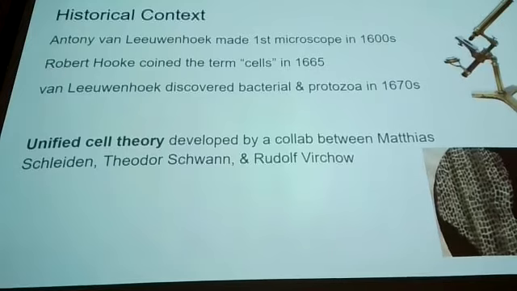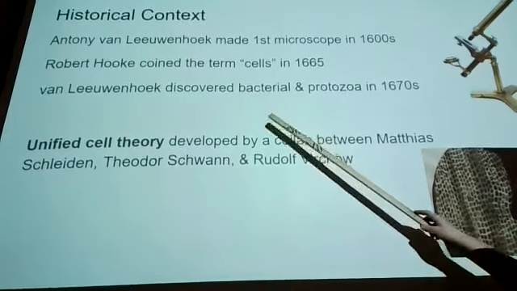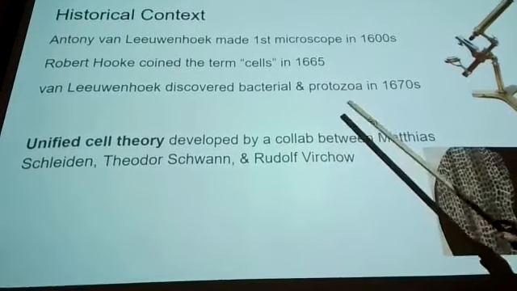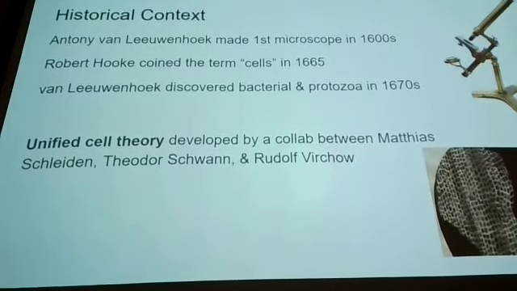And then technology improved. We're able to refine how those microscopes are used, and then we were able to see even smaller things, specifically single cellular things. Bacteria is a prokaryote, protozoa are eukaryotes. Single cells, they were discovered then.